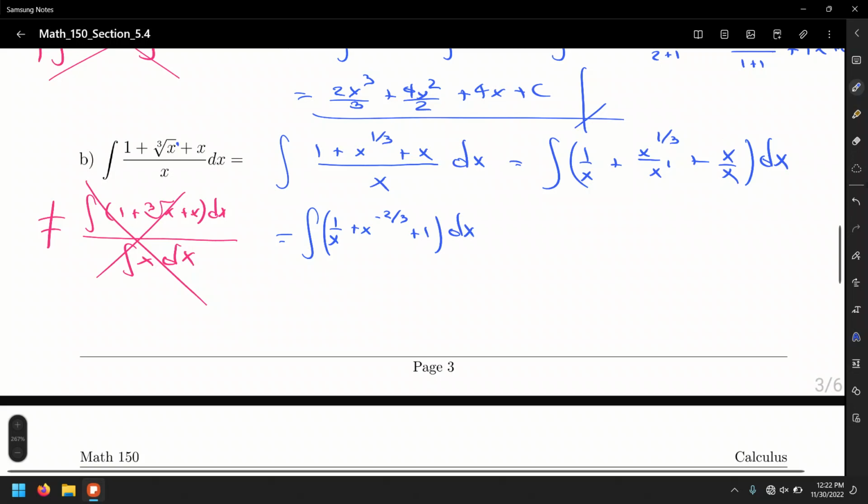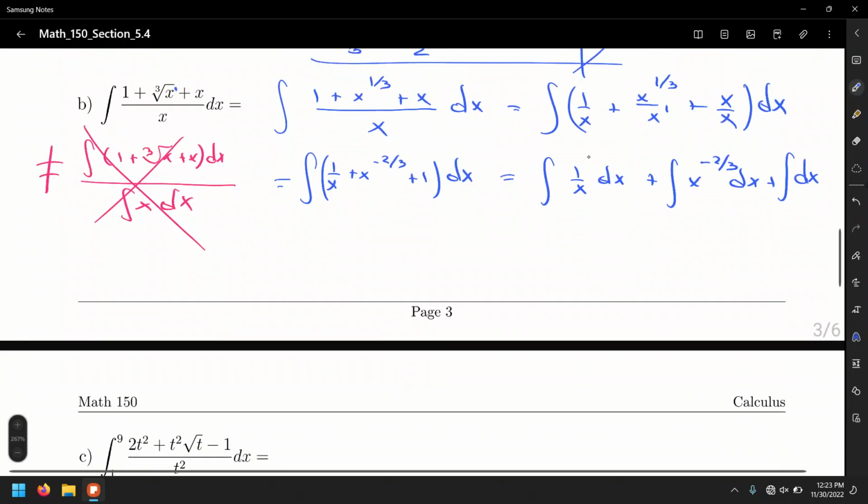And again, just split it into three separate integrals and integrate each individually. So that's the integral of 1 over x dx plus the integral of x to the negative 2/3 dx plus the integral of dx. Well, again, let's see if we recall some of the properties.